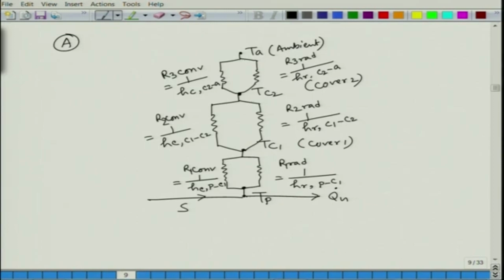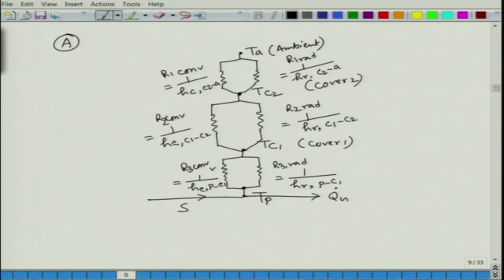Let us name it this way: this is R1, and this one is R3 convection, and this is R3 radiation.